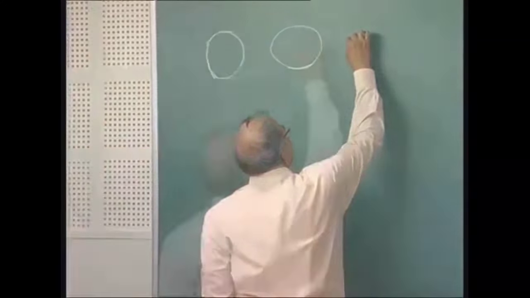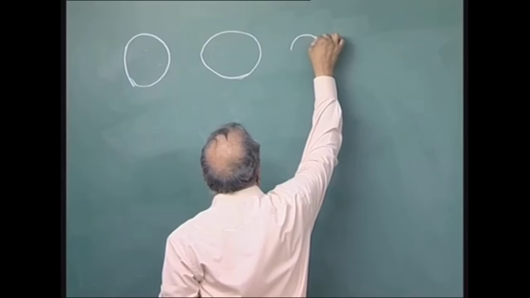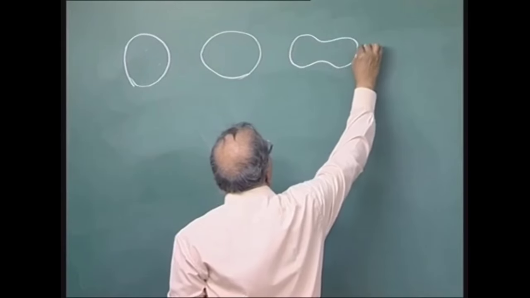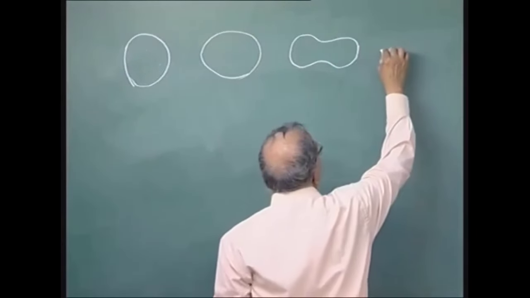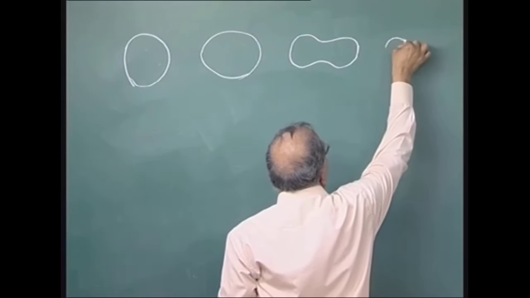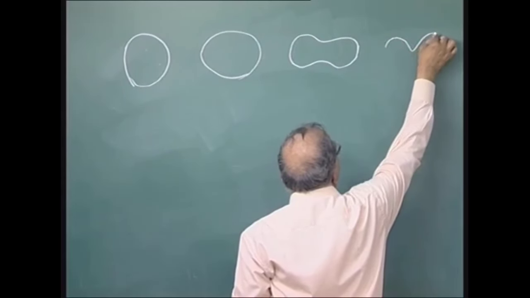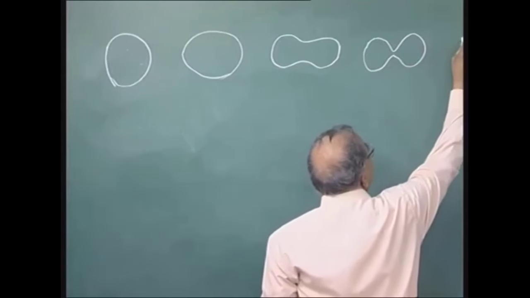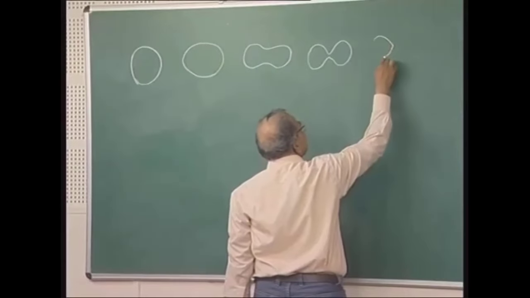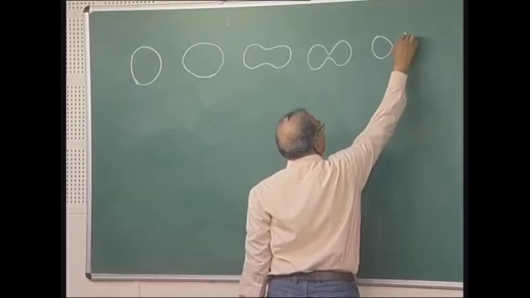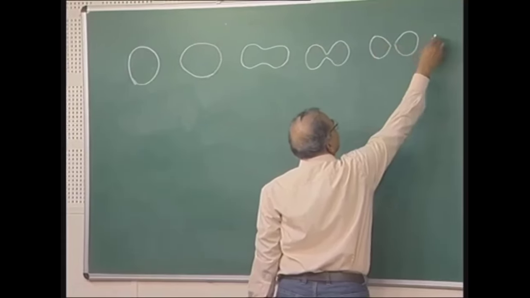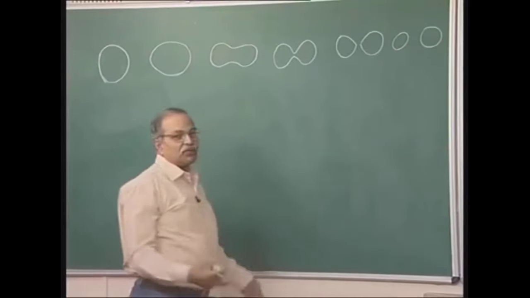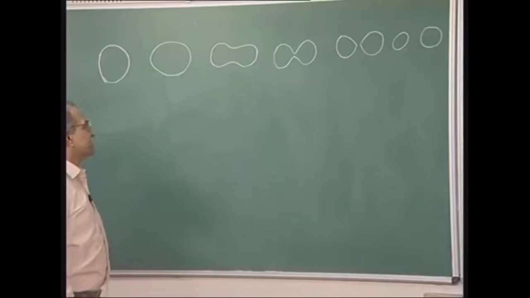The next phase would be something like this, and all these volumes should be the same, so the drawing should be made accordingly. Further deformation will take it like this, and then the two parts will just separate out, and finally, being positively charged, they will go away from each other.